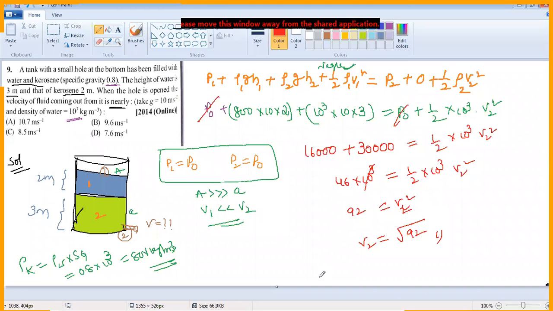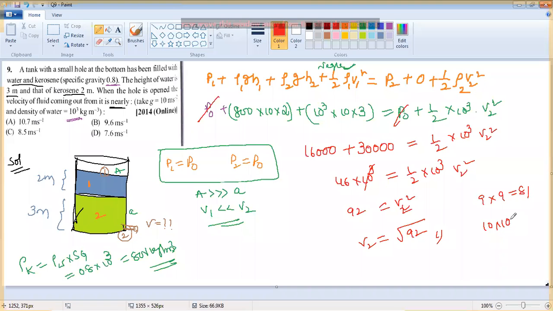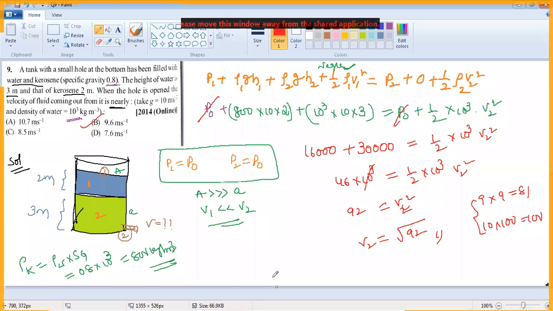Then what is your answer? 92 is more than 81. 9 into 9 is 81, 10 into 10 is 100. So V2 square is 92, and it should lie between 9 and 10. You can go to the options. Which one is the right answer approximately? 9.6 meters per second is the right answer. Do you understand that? So 2 root 23.